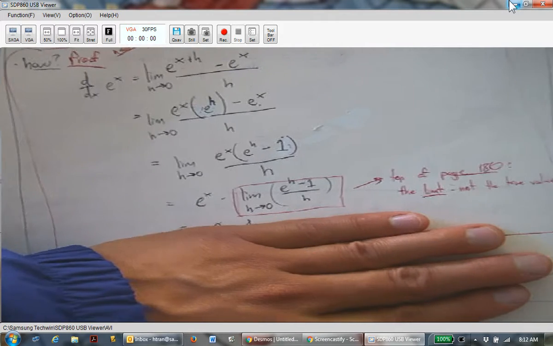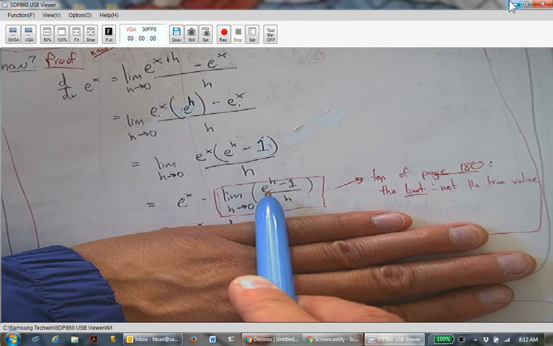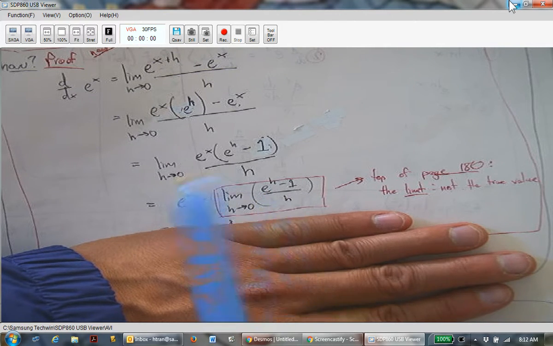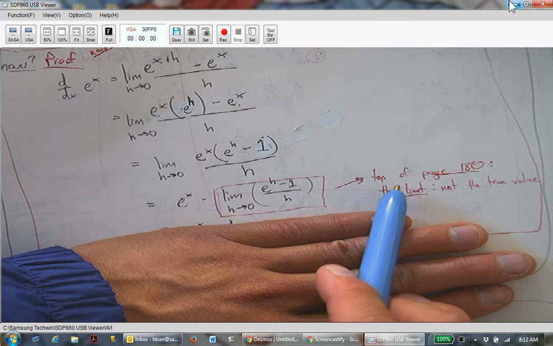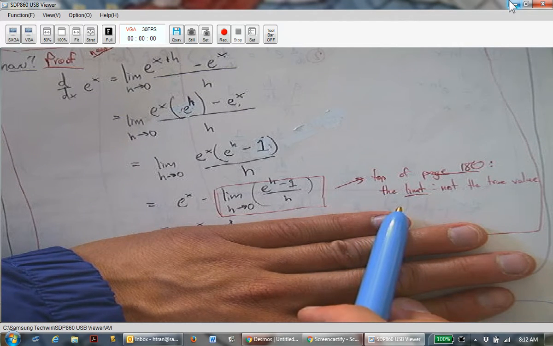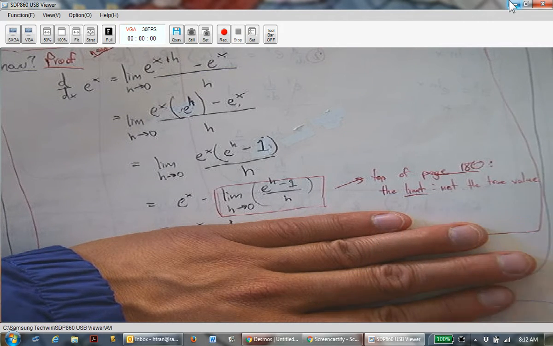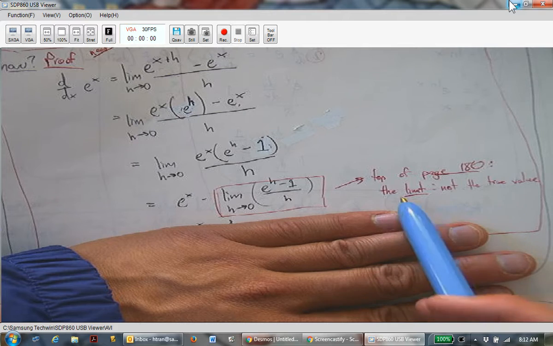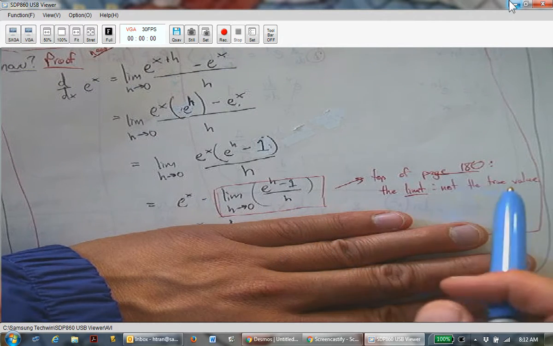You're left with this: the limit as h approaches 0 of e to the h minus 1 over h. I wrote a note to myself that it's at the top of page 180, and you don't have to write this note. Actually, I can't refer back to what I was writing to myself. Okay, yeah, that makes sense.